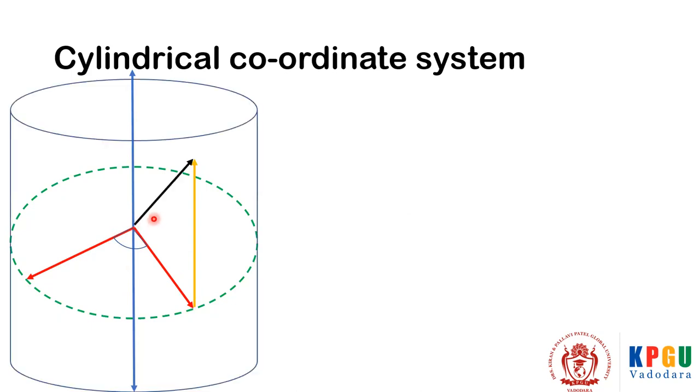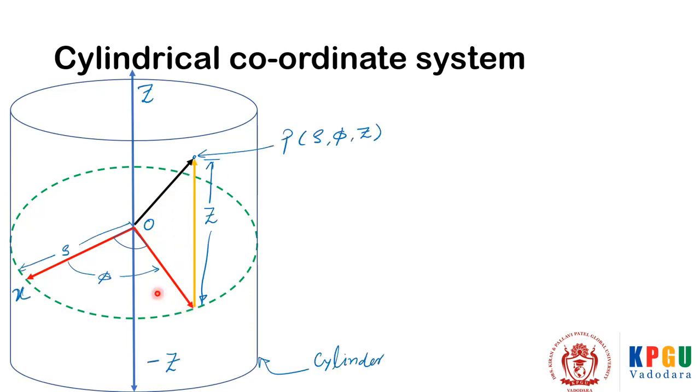So this point is on the cylinder. You can see this point is at a distance rho, and this is the x-axis. Then you turn at an angle phi, and then the height is z. So this is the point P, which now has coordinates rho, phi, and z.